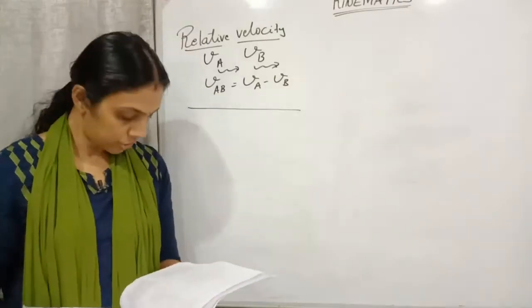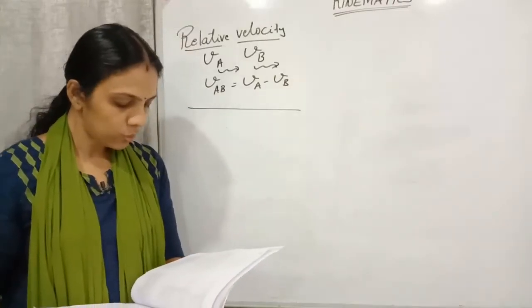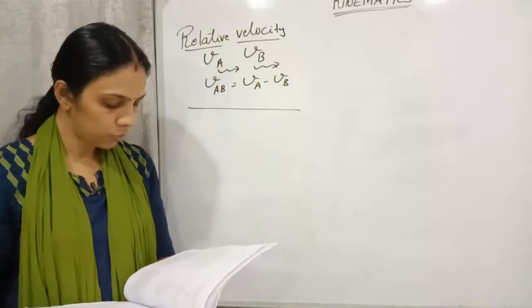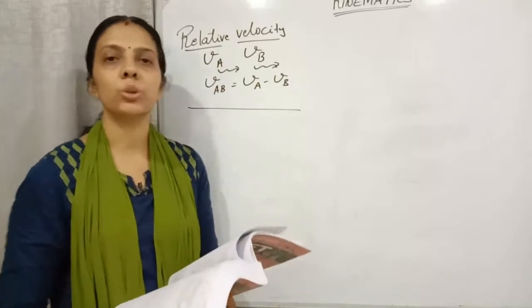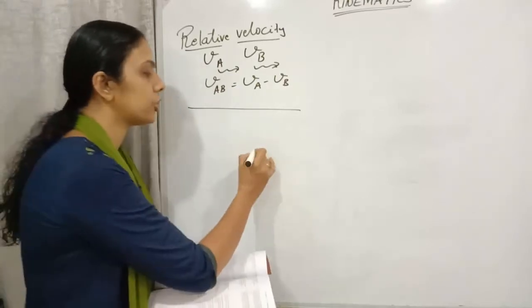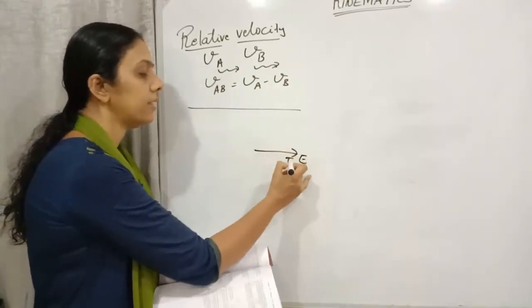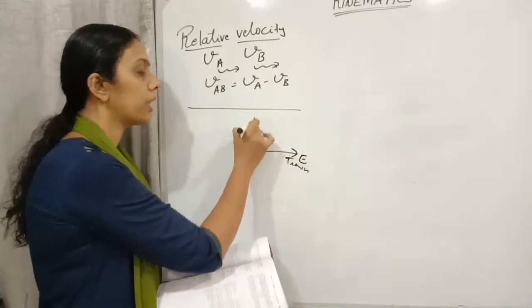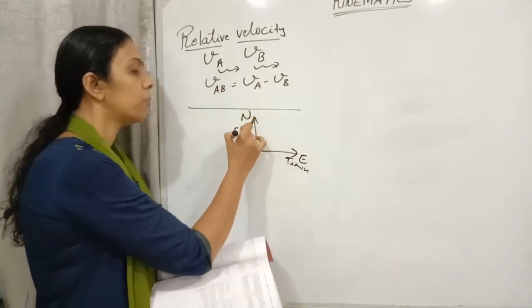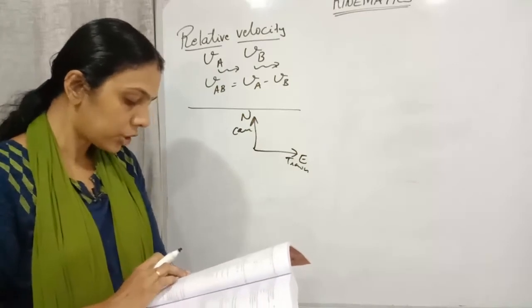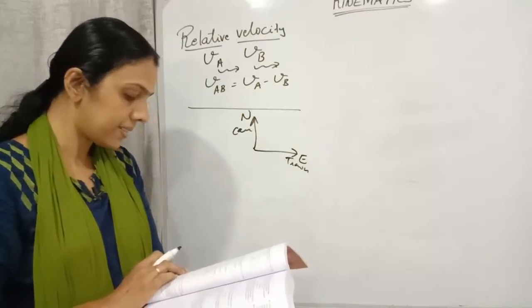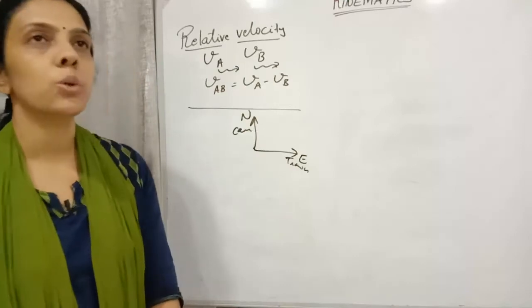Now next question is, a train is moving towards east and a car is moving along north, both at the same speed. The observed direction of the car to the passenger in the train is, so in the train, this is train, and car is moving in north direction.